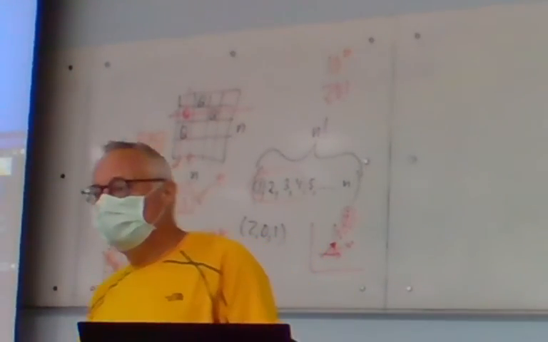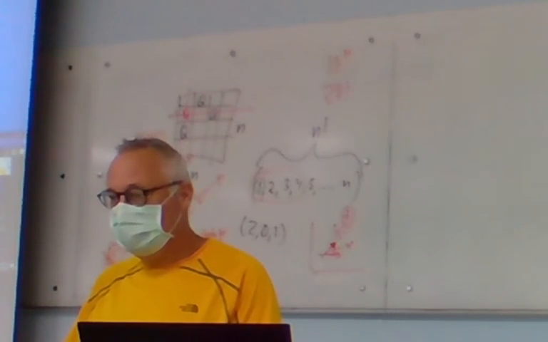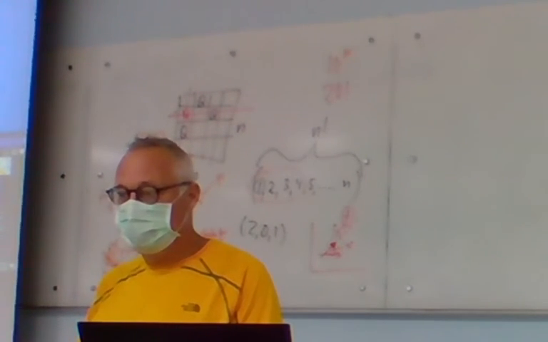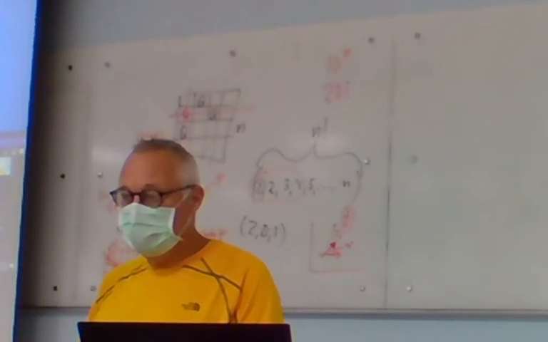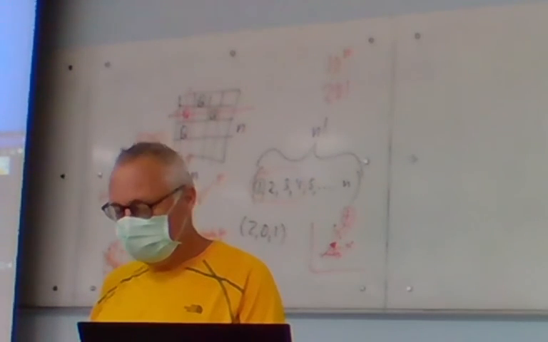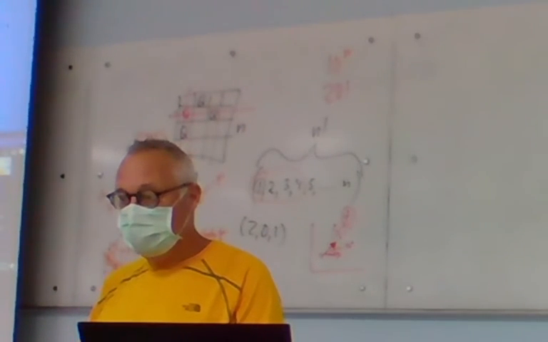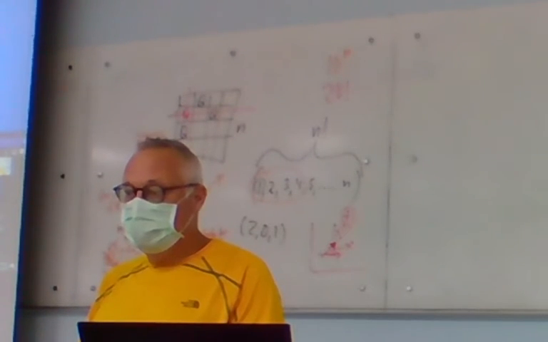So then, what should be the next step? Now when we iterate, the next thing I want to calculate is V star of 1.